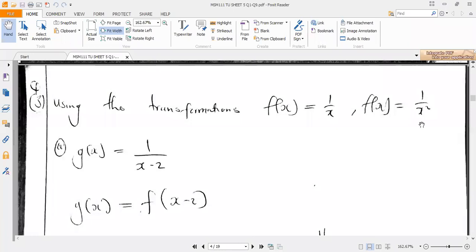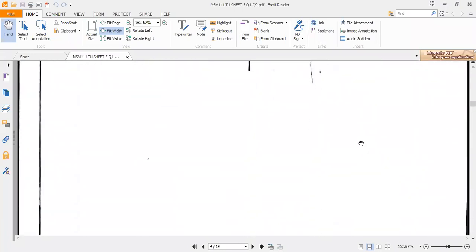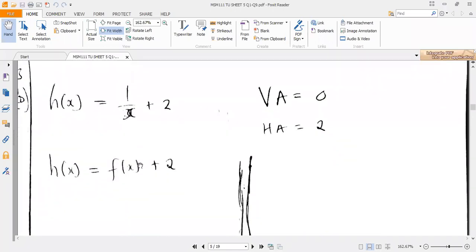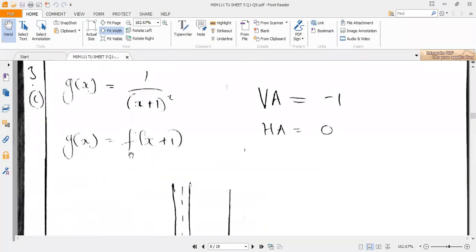So g of x is equal to f of x plus 1, over 2, which is the same as the function f, 1 over x squared. It will give you back this function here. Now, for the vertical asymptote, we equate the denominator to 0. We discover that the vertical asymptote is -1. The horizontal asymptote is 0, sorry.